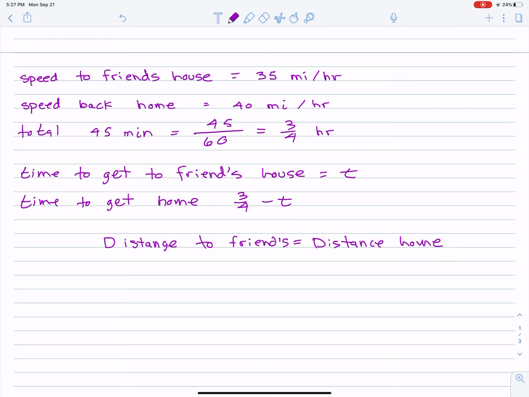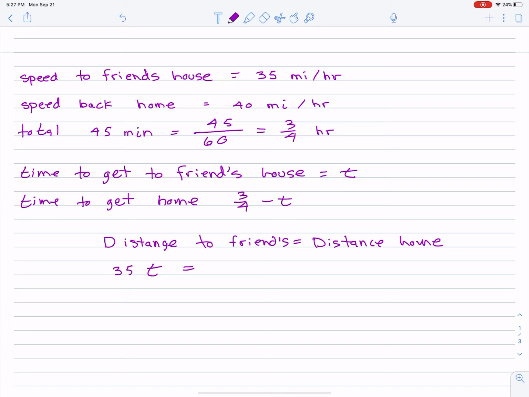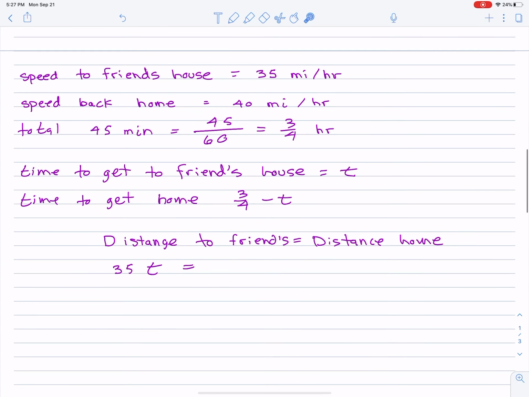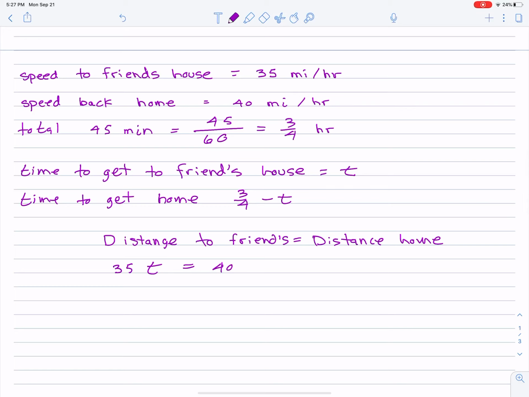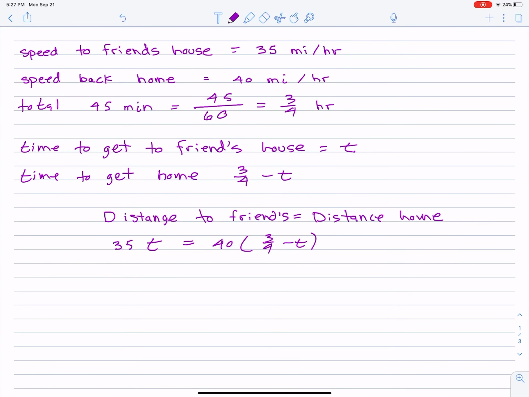The rate going there is 35 miles per hour, and how long does that person travel for? We said T. And that has to equal the distance going back, which is 40 miles per hour, times the time, which we said was 3/4 minus T.